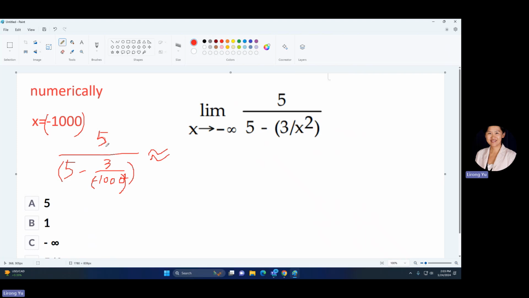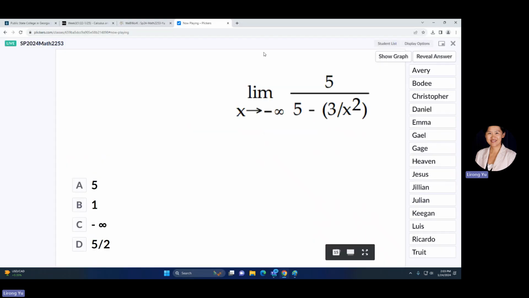You can also graphically figure out the limit. Like we mentioned, you can figure out the limit using numbers, using graphs, or you have to analyze the algebraic relation.